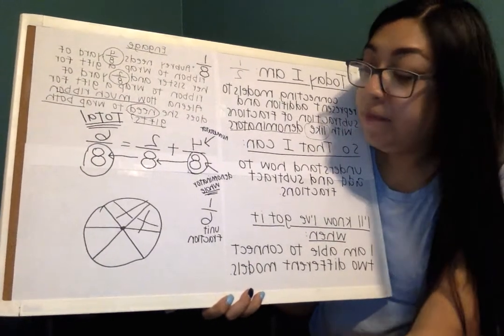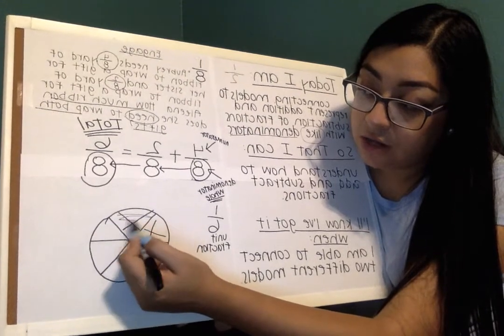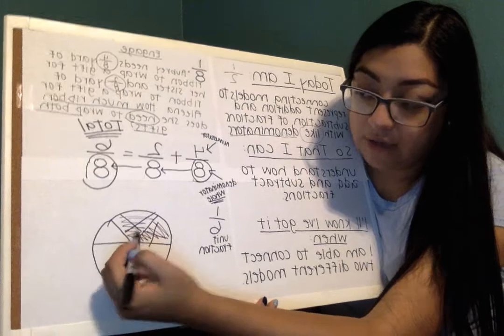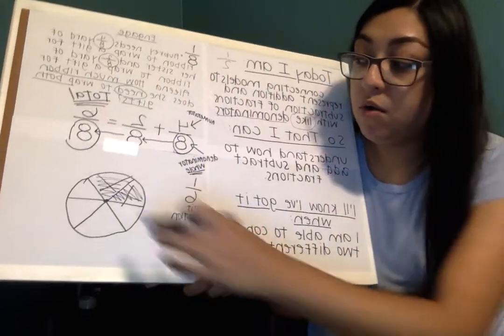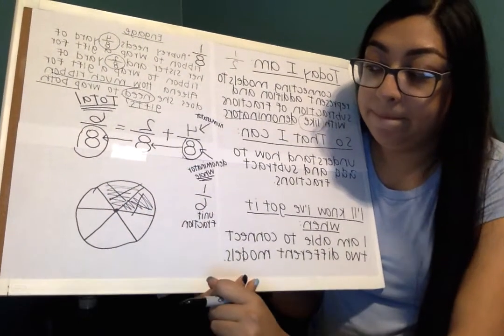Okay? And he put the rest of this pizza away. So this is gone, and this is gone. You now have your 2, and you ate them, right? So now all you have left is this much of the pizza.